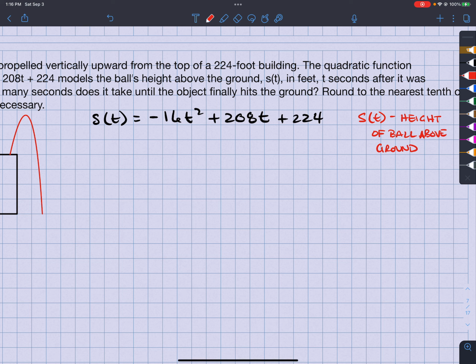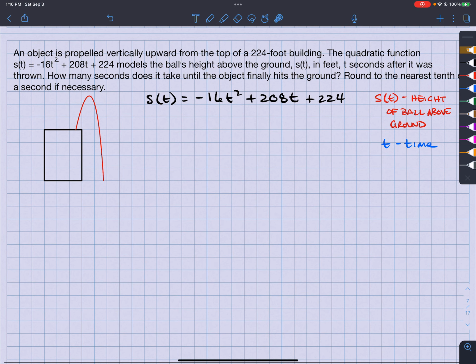Okay, so however many feet the ball is above the ground is S of t. And t is, of course, time. All right, so this is in feet, and then t seconds after it was thrown. How many seconds does it take until the object hits the ground? Round to the nearest tenth of a second.